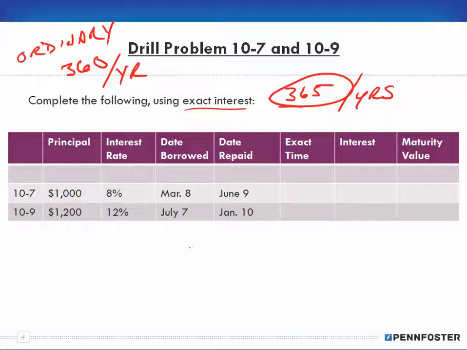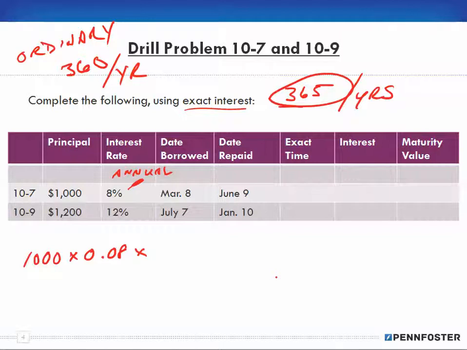When we're doing simple interest here, we're borrowing $1,000 at 8% or 0.08 for a period of time. But this 8% interest here is an annual interest rate, a yearly interest rate.